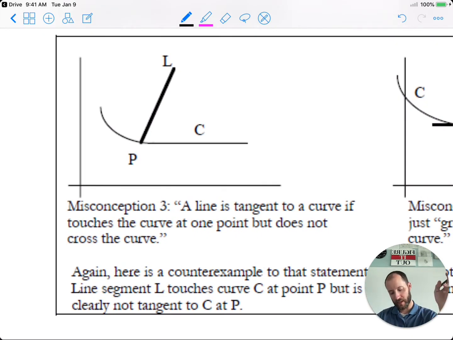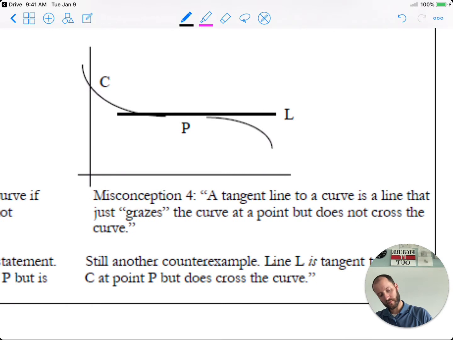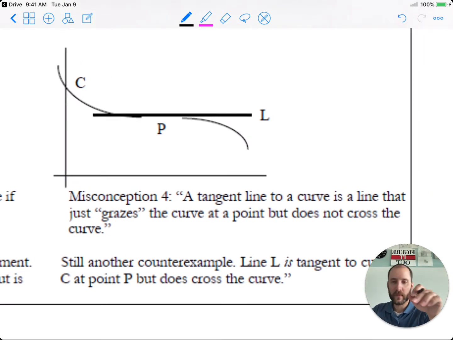This example here touches at one point, but again does not describe the rate of change. Over here, you can cross the curve. At that point, line L describes the rate of change. It doesn't describe it at every point, but at point P, it does.